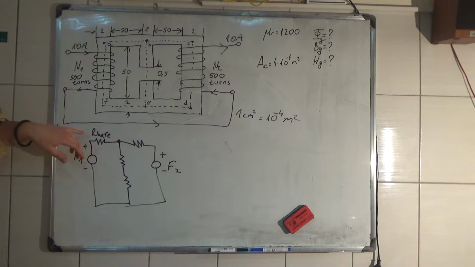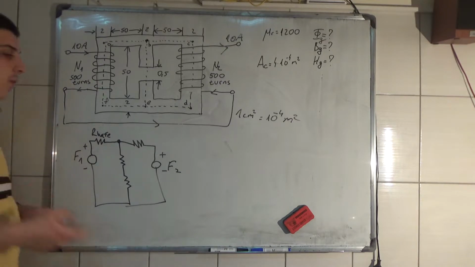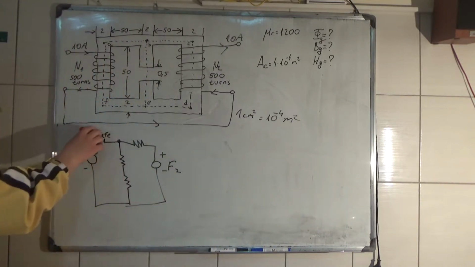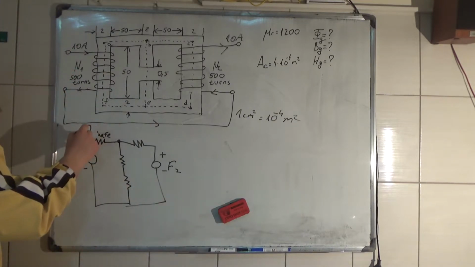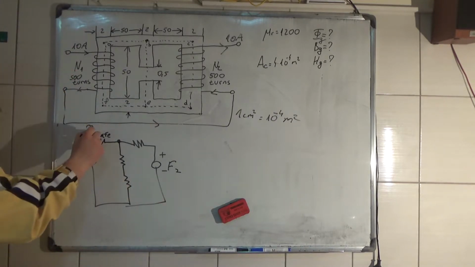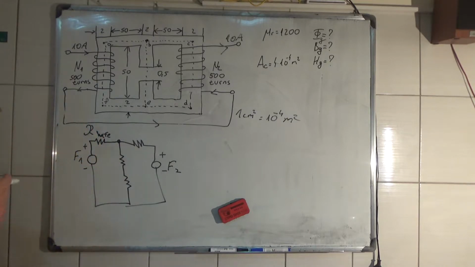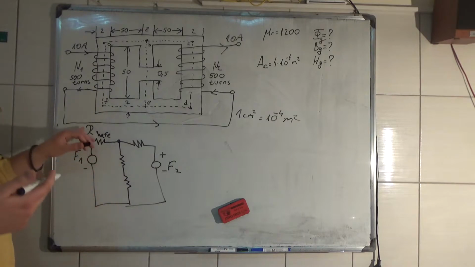The symbol of the reluctance is something like this, not like a resistance in electric circuits, but these curly brackets here.